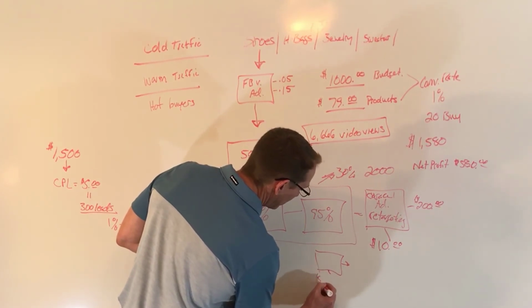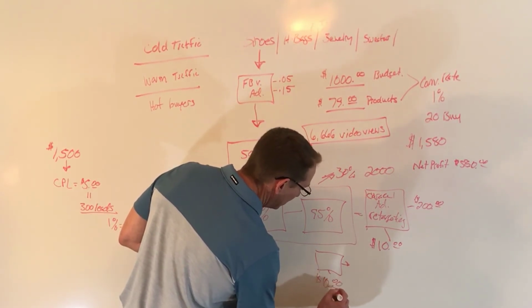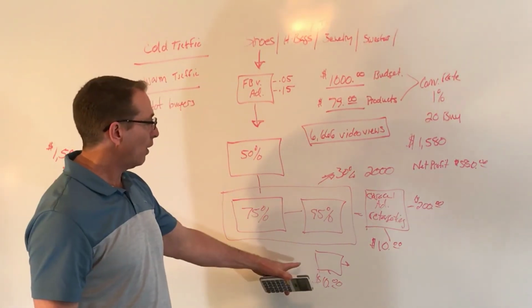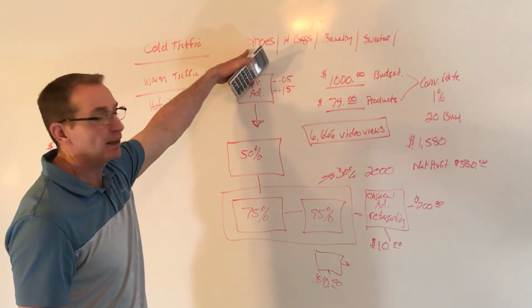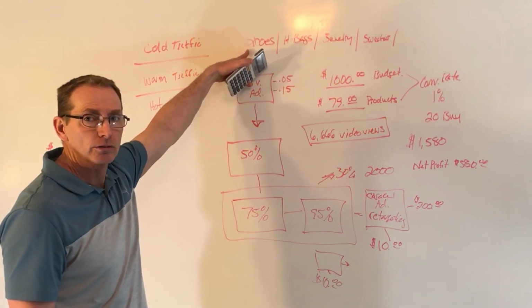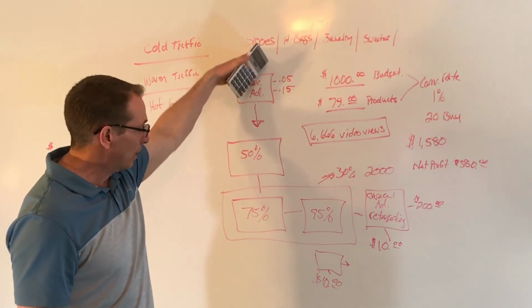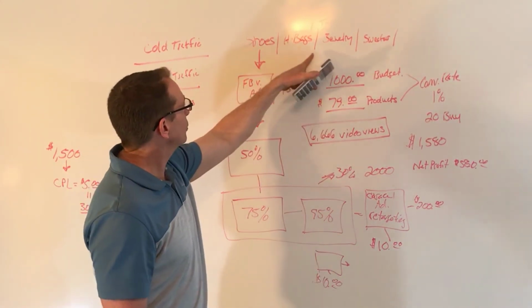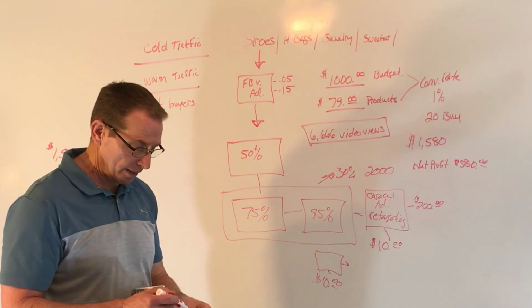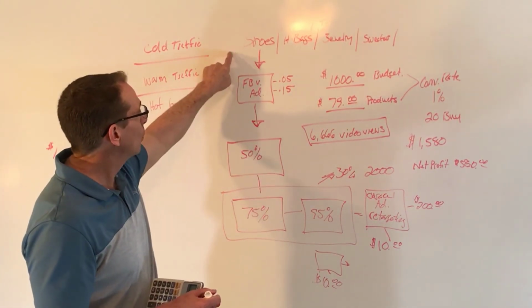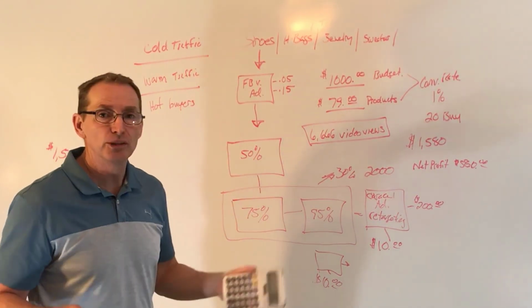You're just going to be spending another $10 to be top of mind in front of the people who already showed interest in this specific segment of your business. Okay? So now if they went to a different segment of your business, you can do the same thing with that as well. In this way, you're not relying on one traffic source, which is Facebook ads.